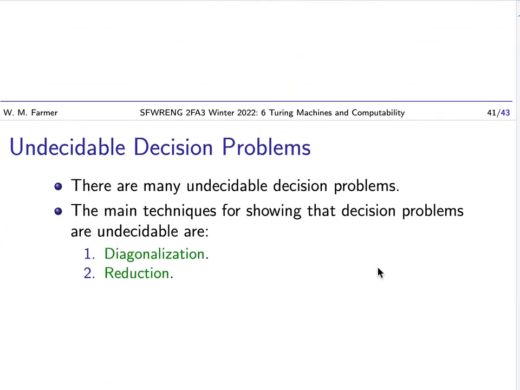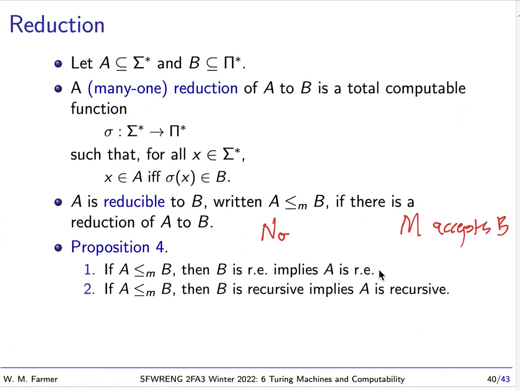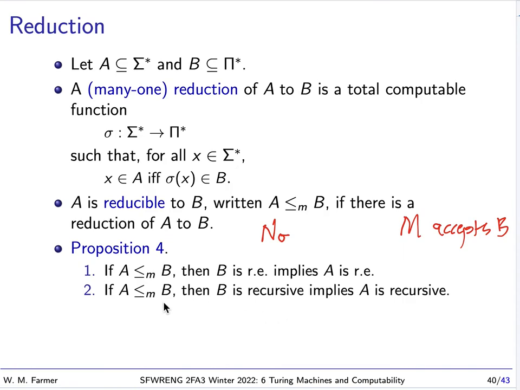So basically the idea here is, we have this statement, the contrapositive says that A is not recursive implies B is not recursive. So we find an A that's undecidable, we reduce it to B, and then by this proposition, because A is undecidable, therefore it's not recursive, that means B is not recursive, therefore B is also undecidable.